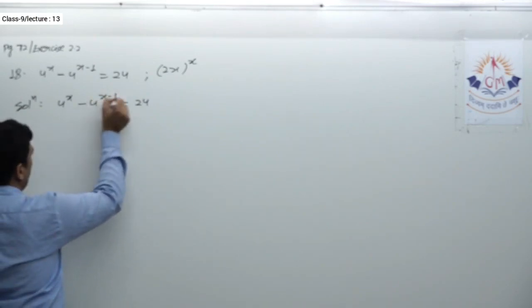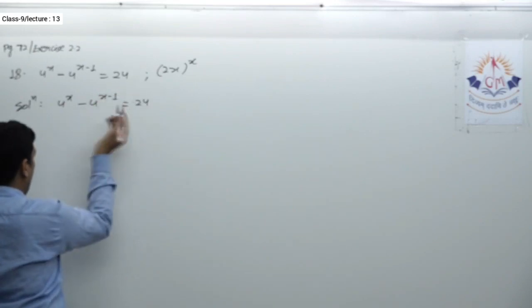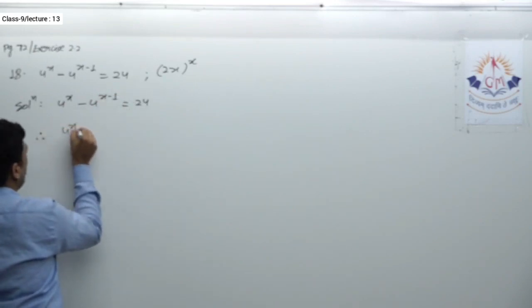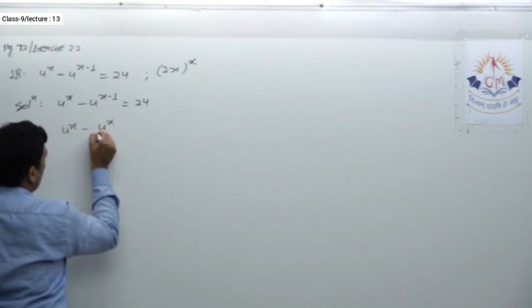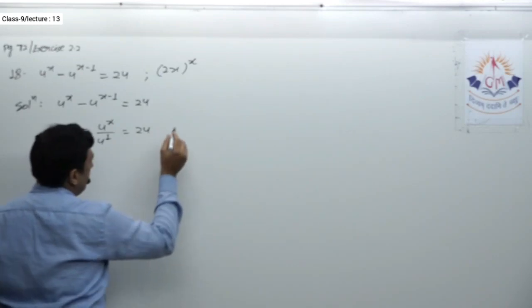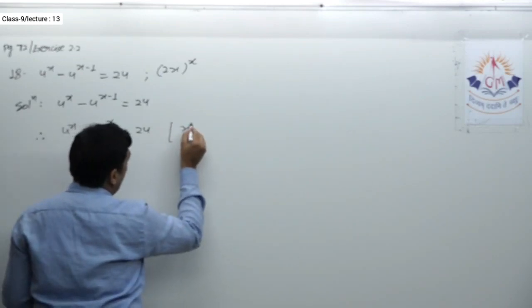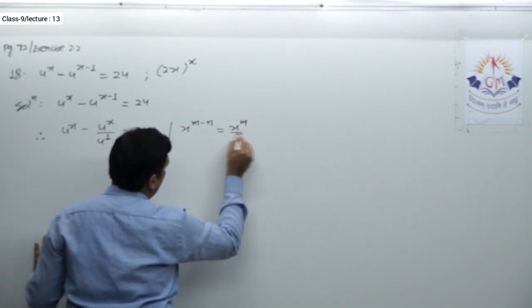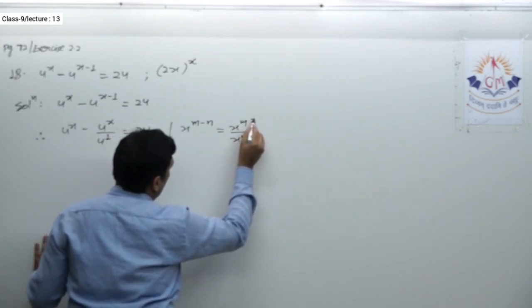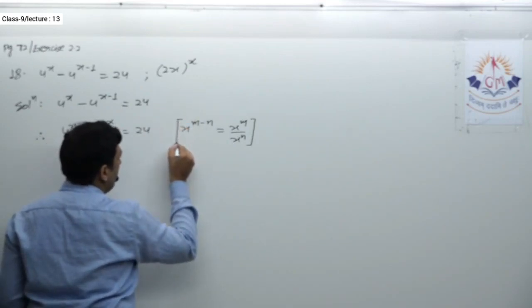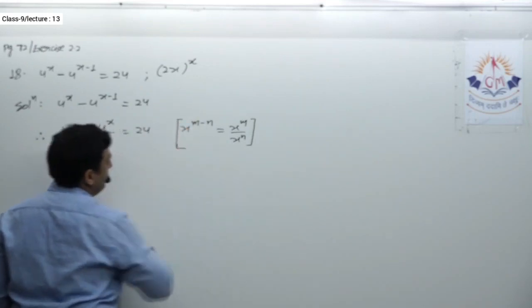So here first of all I can apply the quotient law in the reverse direction, so that I can take 4 raised to x common. So this I can write as 4 raised to x upon 4 raised to 1 is equal to 24. The law applied is x raised to m minus n is equal to x raised to m upon x raised to n. This is the quotient law only; the only thing is I applied it from right to left.